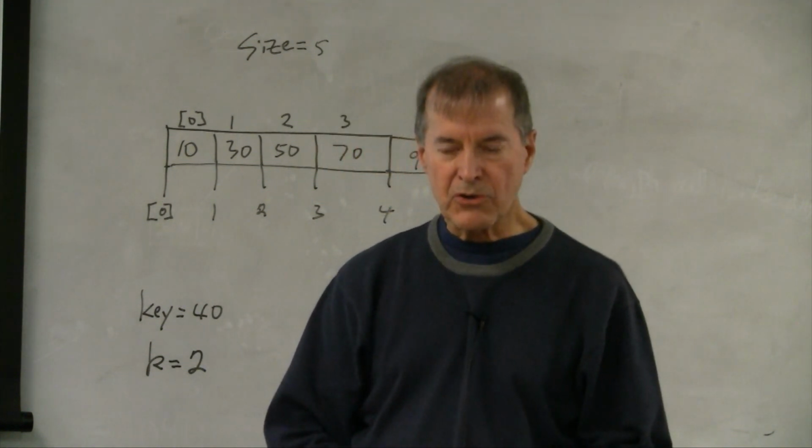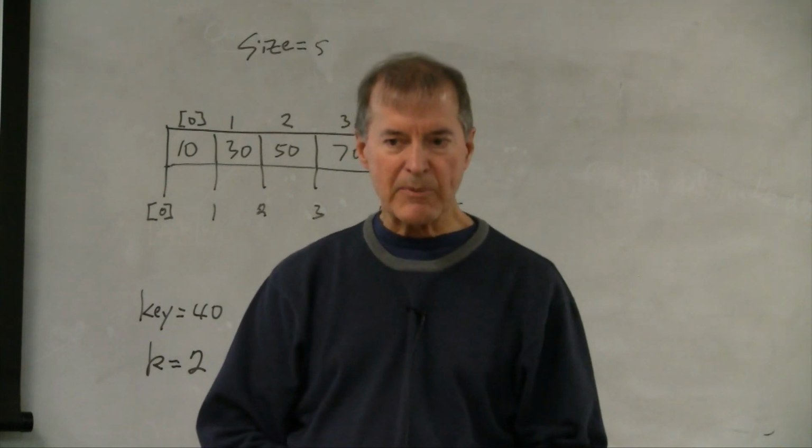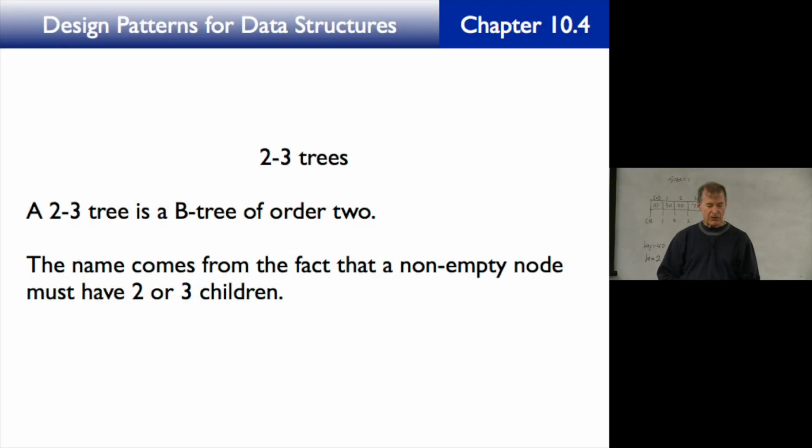Now, what I'm showing you here in this slide is some common terminology. If you Google this and research this stuff online, they don't use the terminology that Nguyen and Wong define in their paper for the order of a tree. They use slightly different terminology. When you read the literature, you should be aware that a 2-3 tree in the literature is what we would refer to as a B tree of order 2.